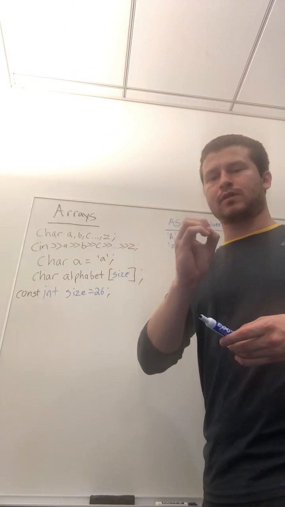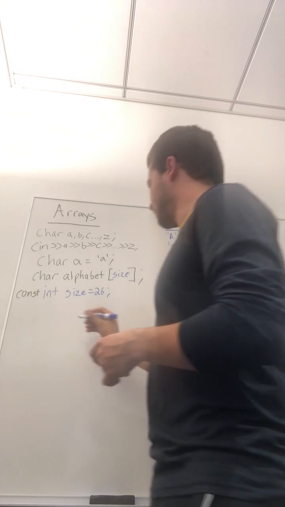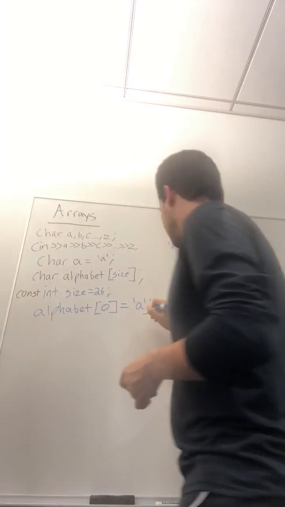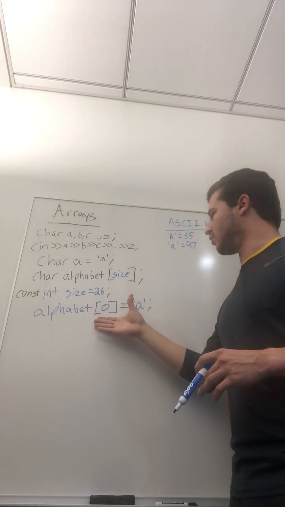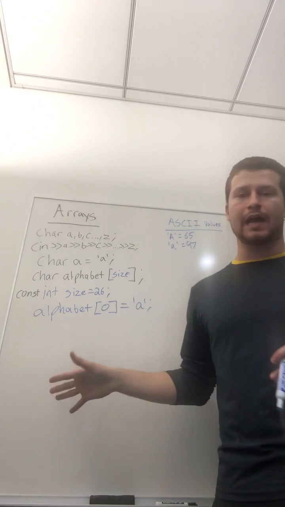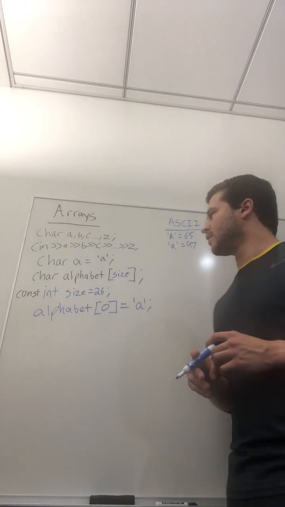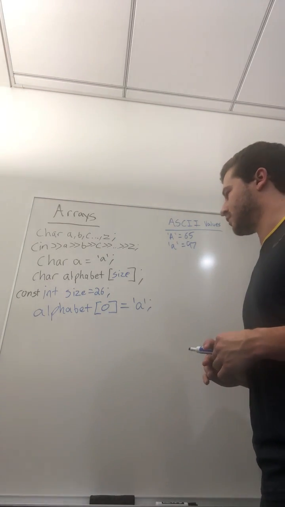You go from 0 to size minus 1, and you can just literally write something like alphabet at 0 equals A. Now that's fine, and you could go alphabet 0 equals A all the way through alphabet 25 equals Z. But that's the same amount of work as we were just talking about before.